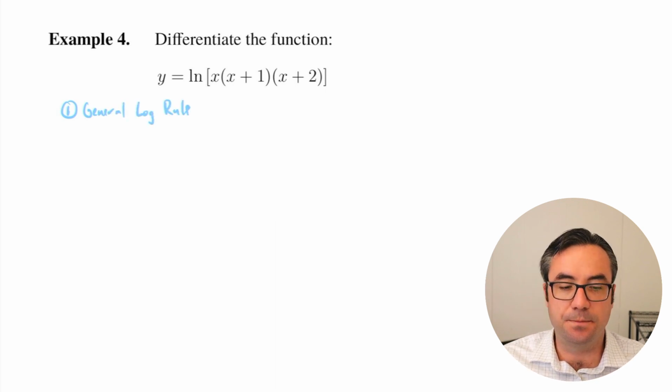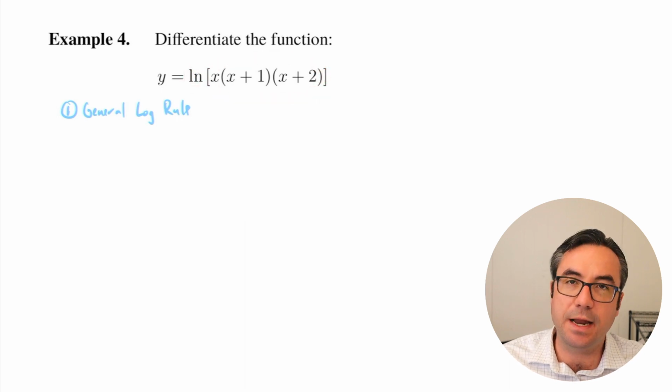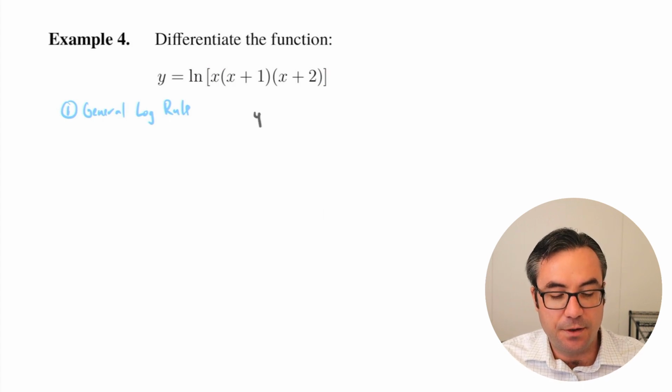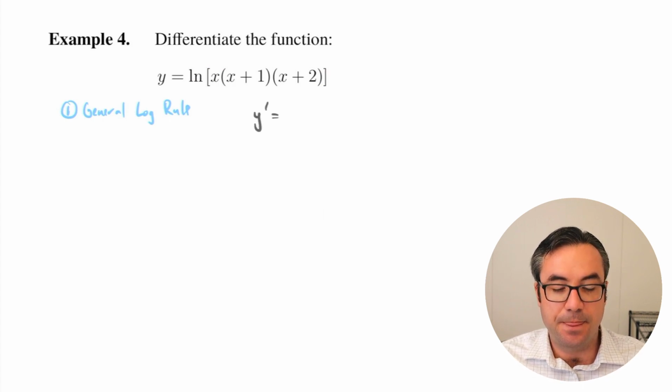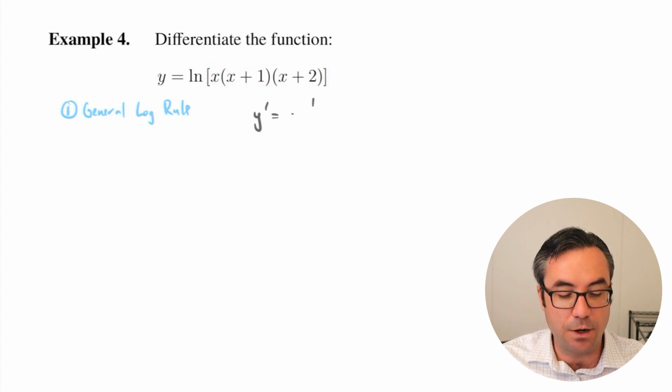Kind of like chain rule. So we have the natural log and then a whole bunch of stuff going on inside that natural log. So one way to get the derivative is to first do the reciprocal of everything inside. So 1 over x times x plus 1 times x plus 2.